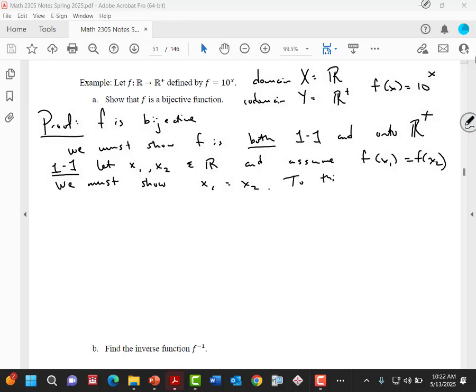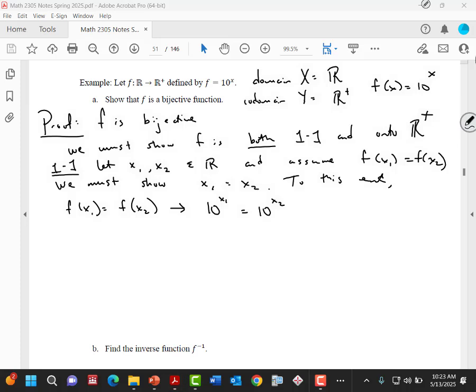To this end, I get to assume that f of x1 equals f of x2, which implies 10 to the x1 equals 10 to the x2.